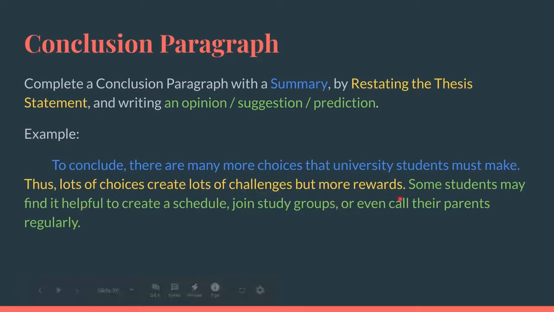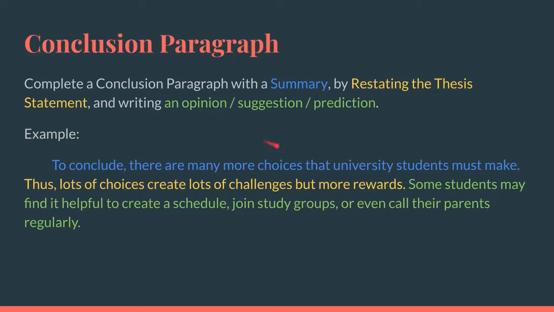Or it should say, to deal with these problems, students should create a schedule, join study groups, or even call their parents regularly. I don't know why I wrote it so awkwardly. I didn't make it clear, but it would be a suggestion.